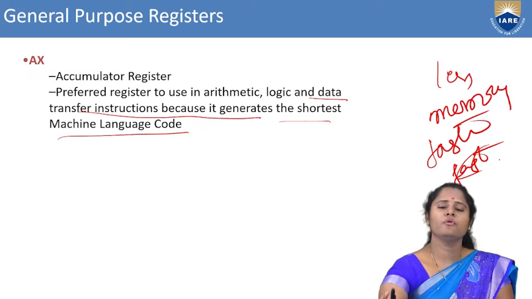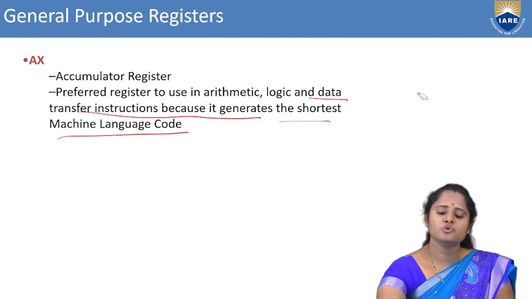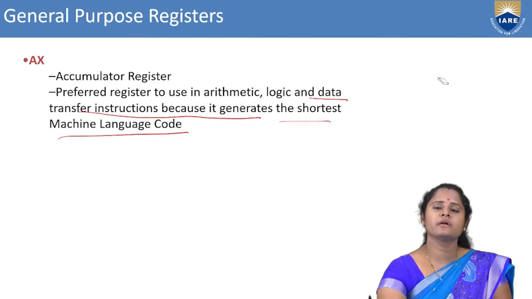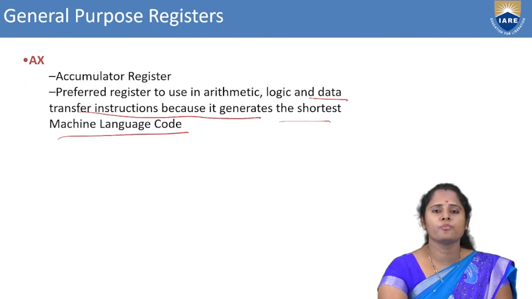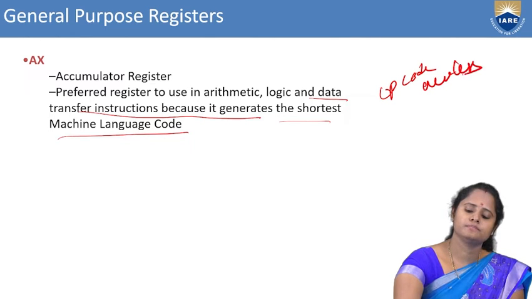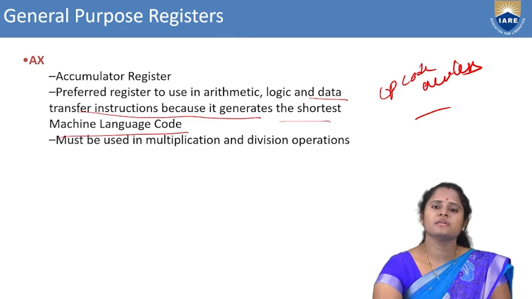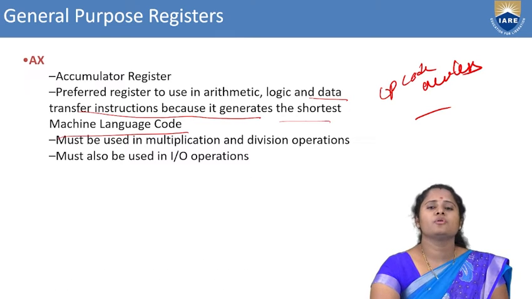So we choose the AX register for arithmetic, logical, and data transfer instructions, where it occupies very few machine opcodes.